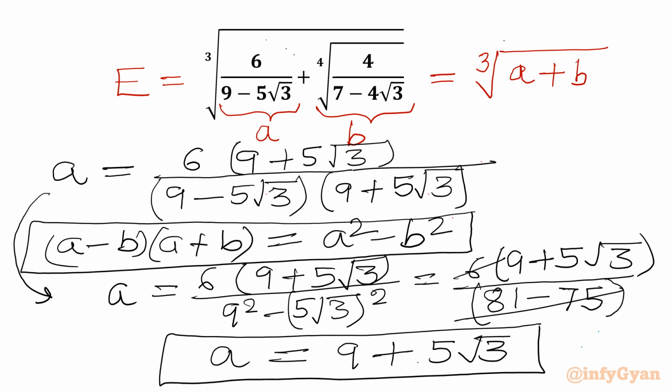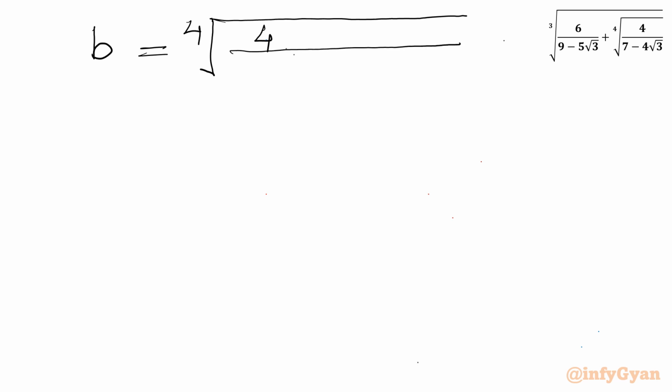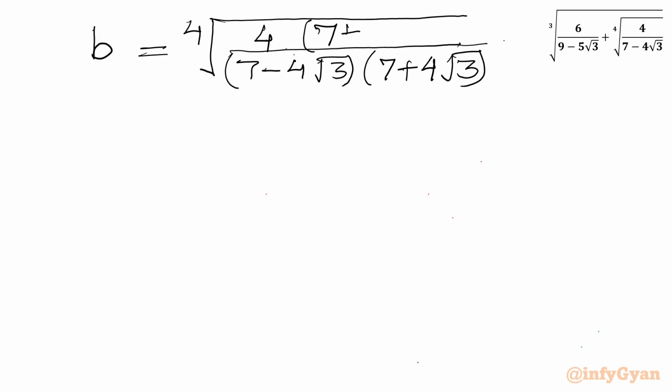Now the turn of B. So I will write B equal to fourth root of 4 over 7 minus 4 root 3. So I will rationalize the denominator. I need to multiply 7 plus 4 root 3 in the denominator and in the numerator.